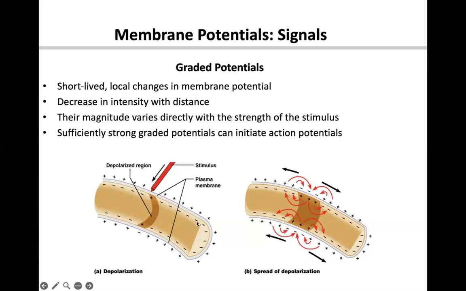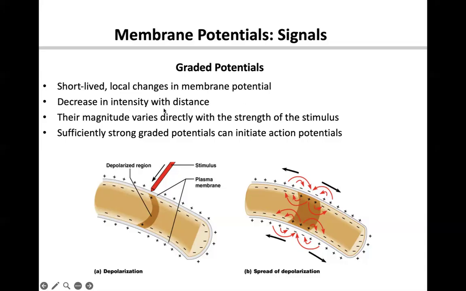That's number one. The other is that, since it's slow, potassium will go out and balance it out, and no further propagation of the impulse will take place. So it's a short-lived, local change in the membrane potential.